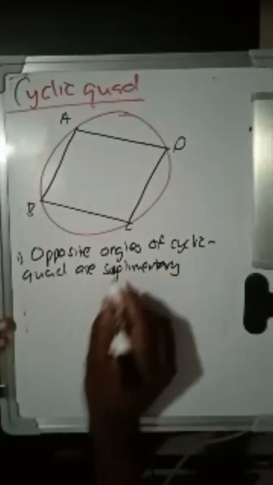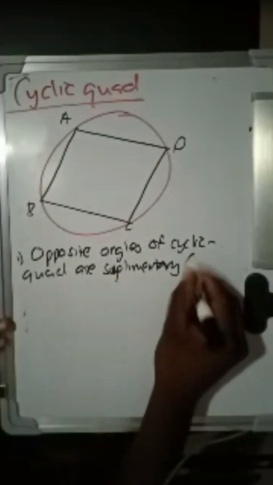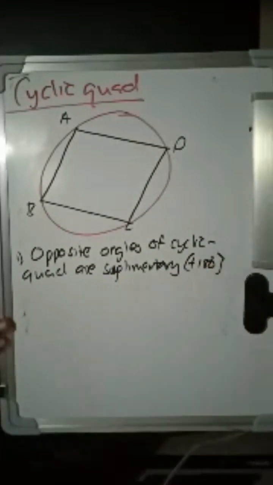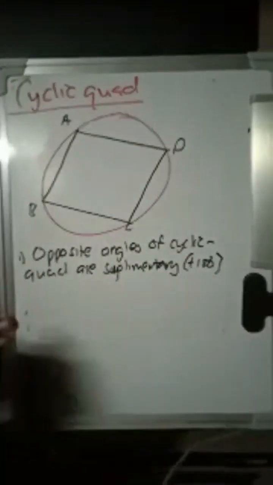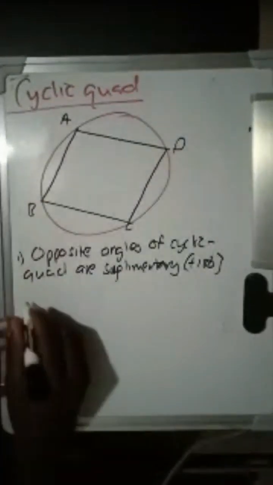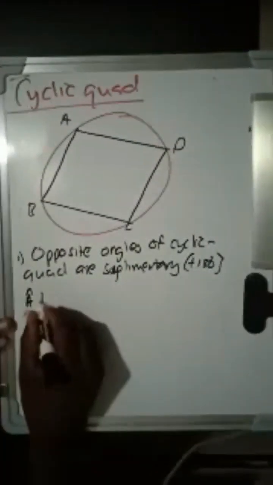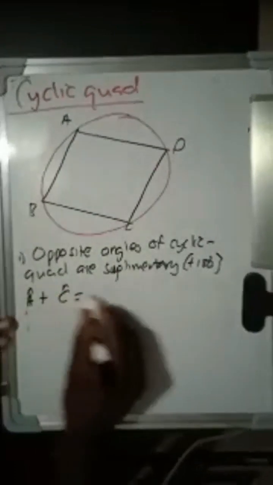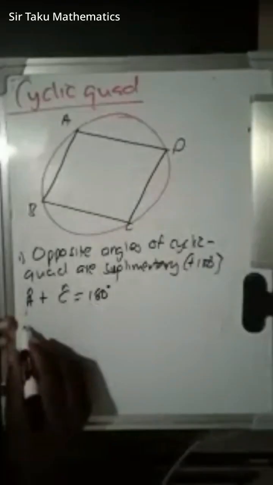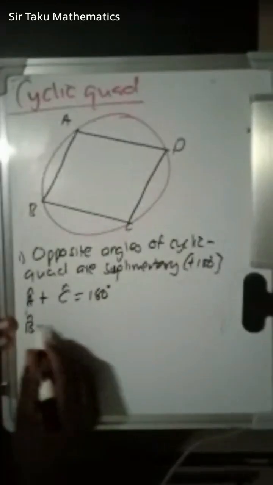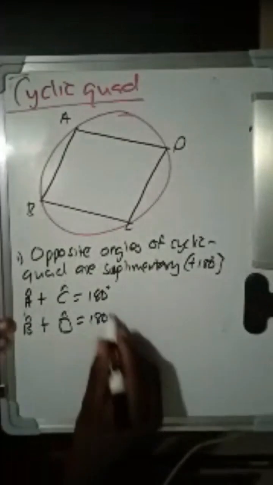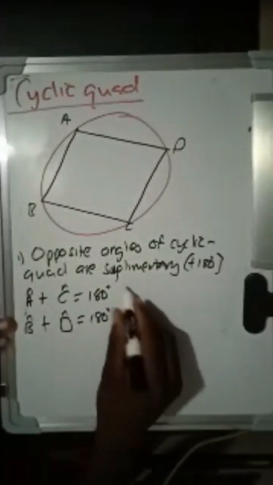When you say supplementary, it means they add up to 180. So what it means is that the opposite angles here in the cyclic quad are angle A plus angle C is equal to 180, and also the other pair of opposite angles, B plus D is equal to 180 degrees. Then what is the reason?